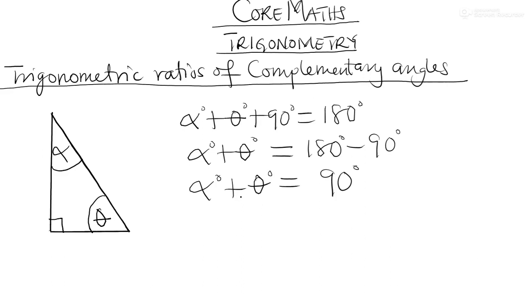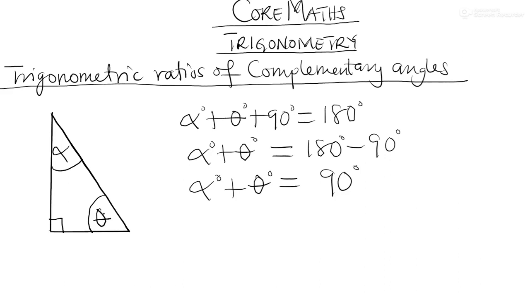So this means that in every right angle triangle, the other two angles apart from the 90 degrees are complementary angles. So alpha and theta are complementary angles. Why? Because they sum up to 90 degrees.